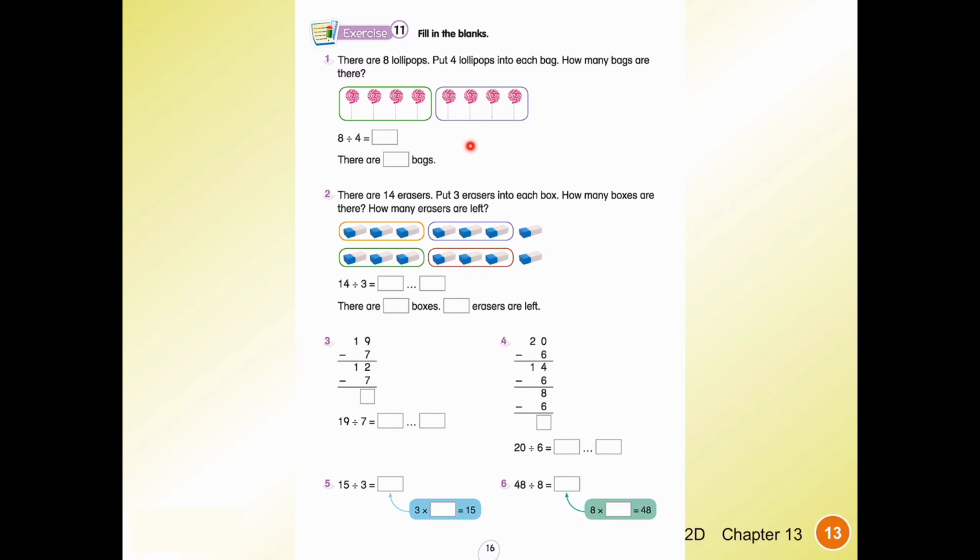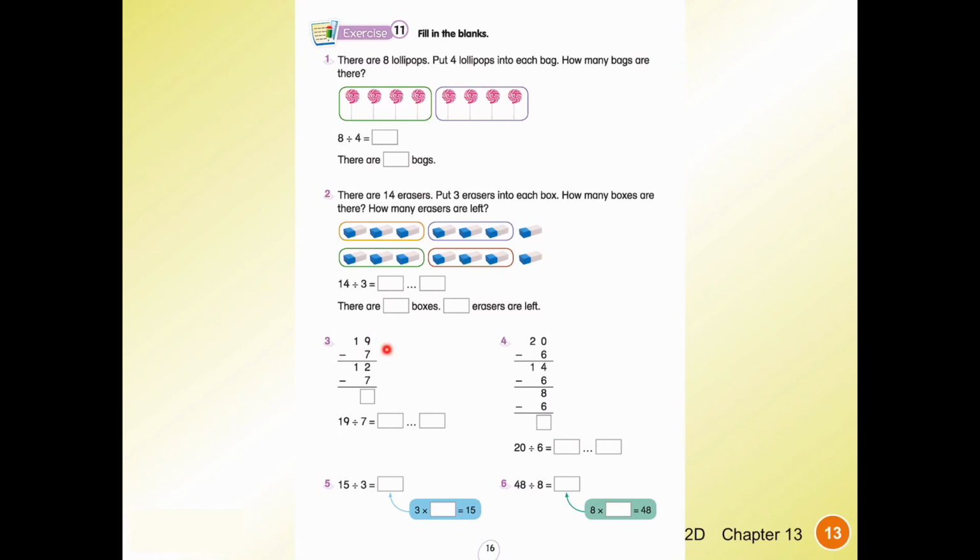For question number 1, we're just simply trying to find the number of groups, or the number of bags here. So 8 divided by 4, it should be easy for you. And for this one we're doing 14 divided by 3, and there's a remainder here, and there are some erasers left.